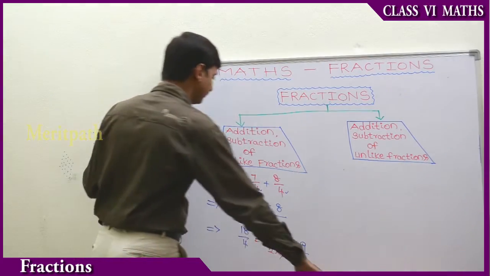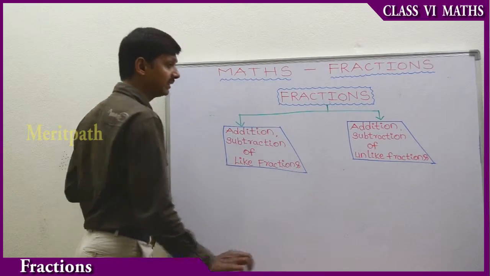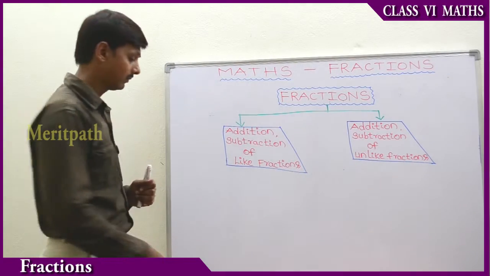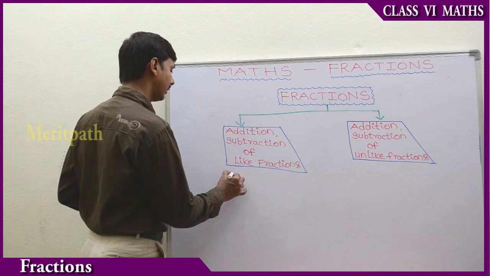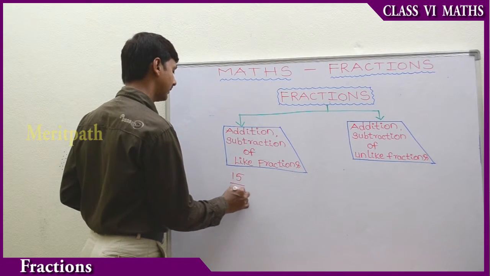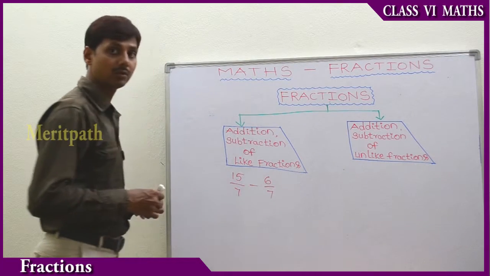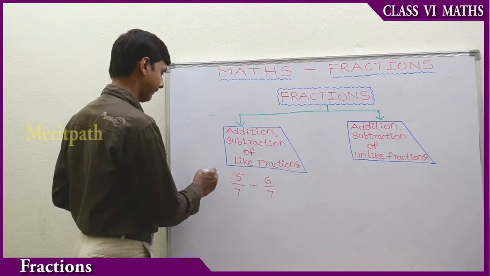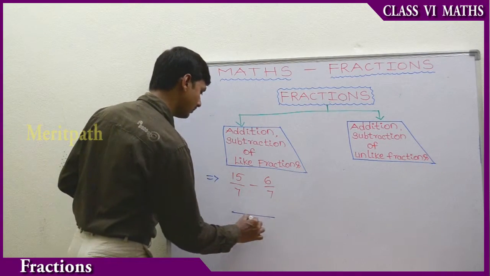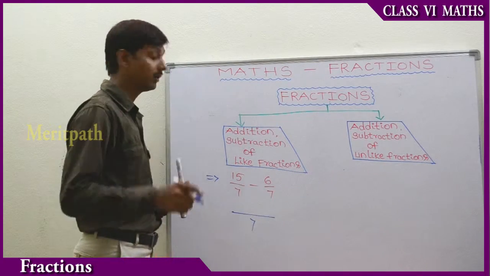So let's see the subtraction of like fractions. It's the same process. Instead of addition, we do subtraction: 15 by 7 minus 6 by 7. We take the same denominator as 1. There is only one denominator, that is 7.